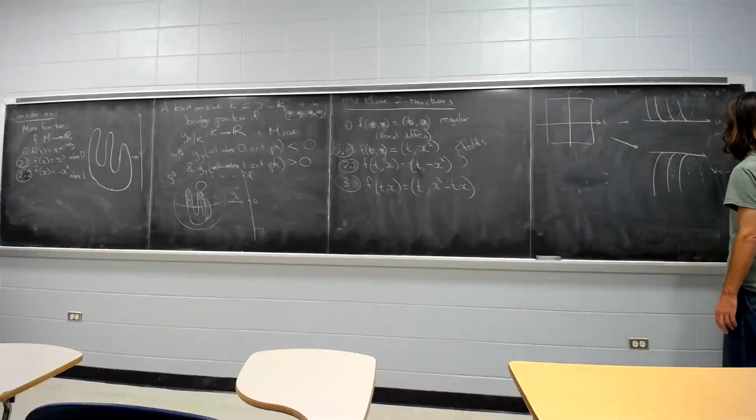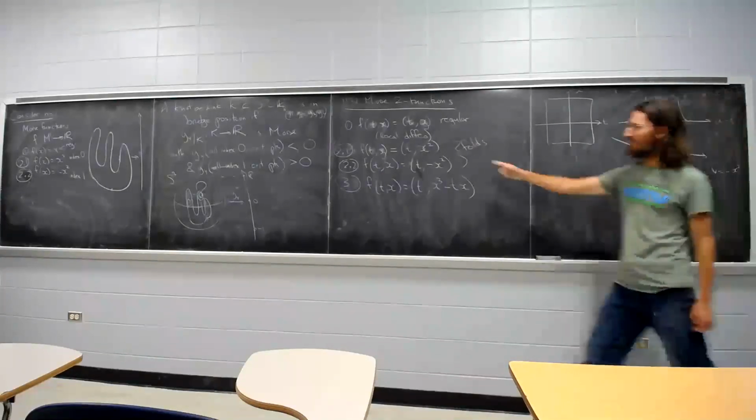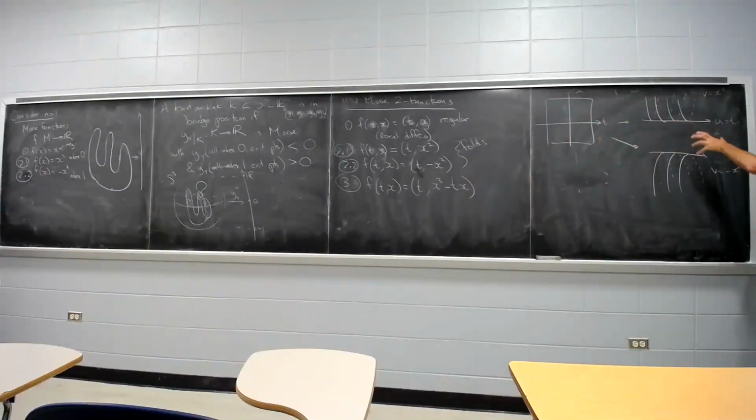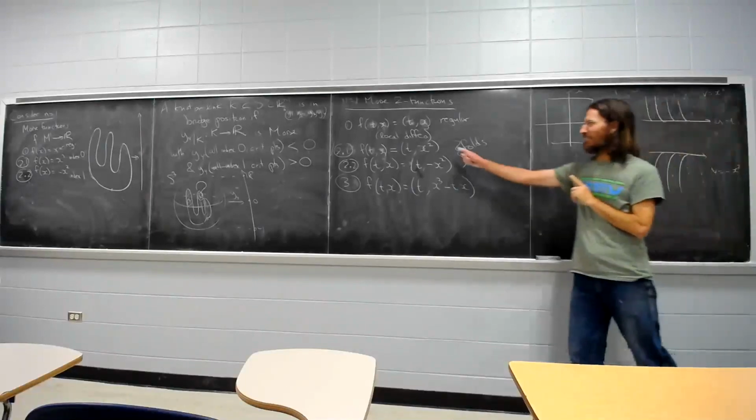Now it turns out that these are the same up to change of coordinates. Even if you want to preserve orientation, you can turn this model into this model. As an exercise, if you apply rotation by 180 degrees in domain and range, that turns this model into this model.